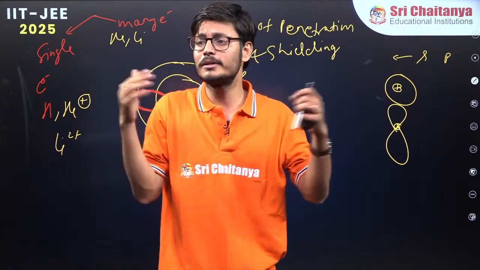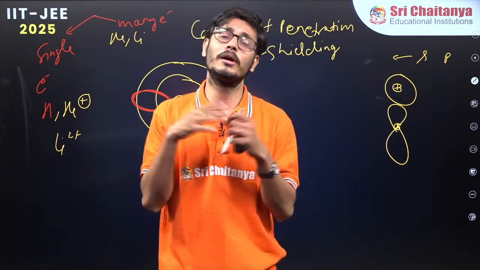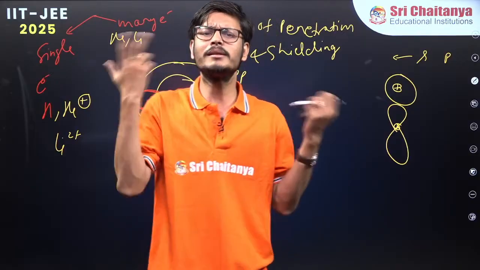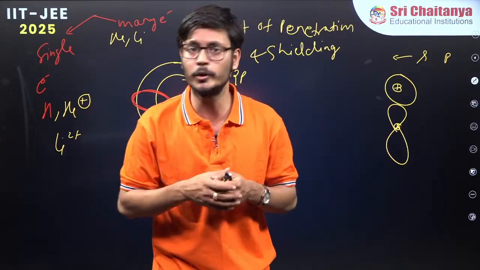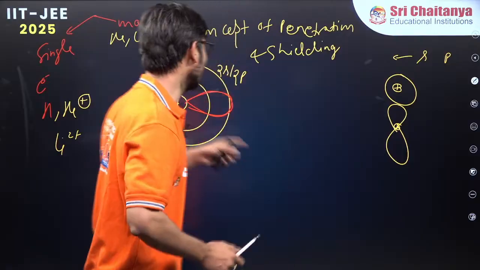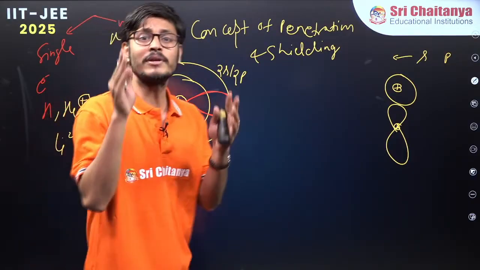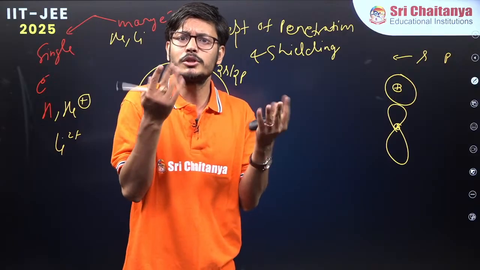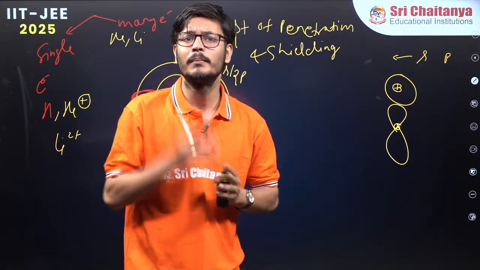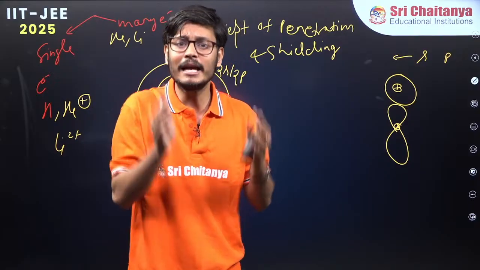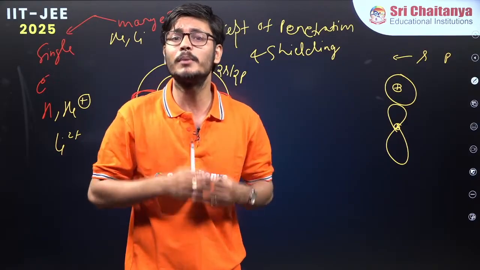So there is no competition, because you are a single child. You will go and eat the laddu. So when we have a single electron, there is no competition between S and P.